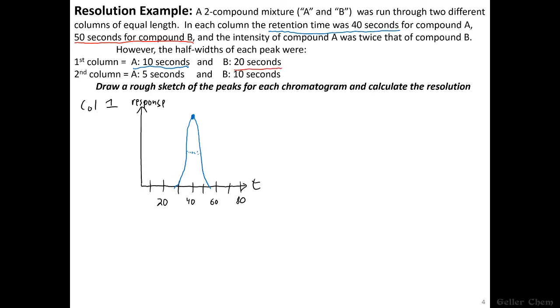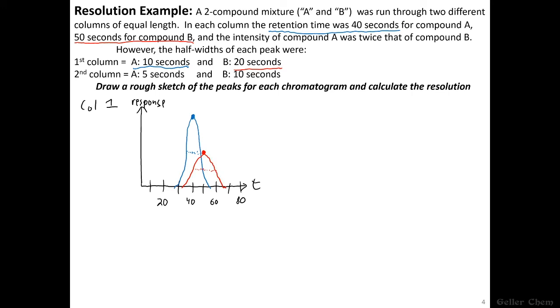So at 50 seconds, we will draw a dot that's half as high as the dot for compound A, because we are also told that compound A was twice the intensity of compound B. And so that dot will represent the maximum of compound B's peak, and halfway up to that maximum, we have a span of 20 seconds, 10 in each direction, because again, it should be symmetrical. And so here we go, trying to draw this peak. Something like that, and that.